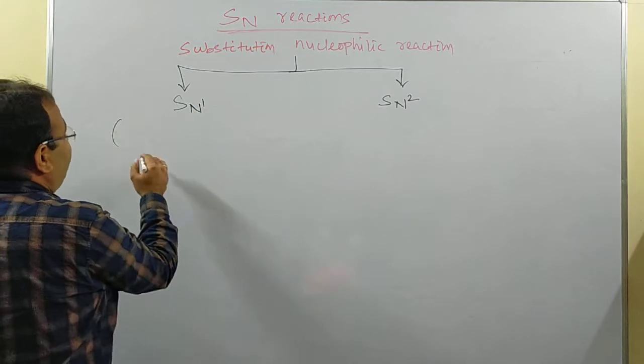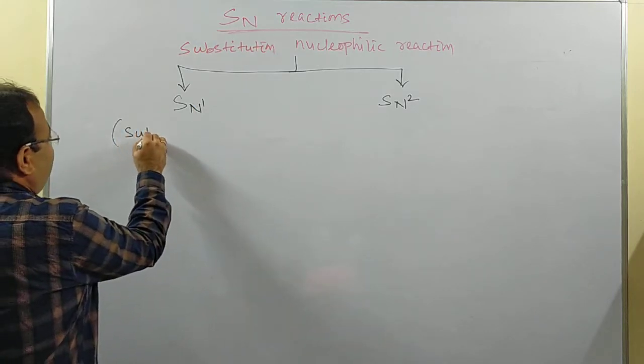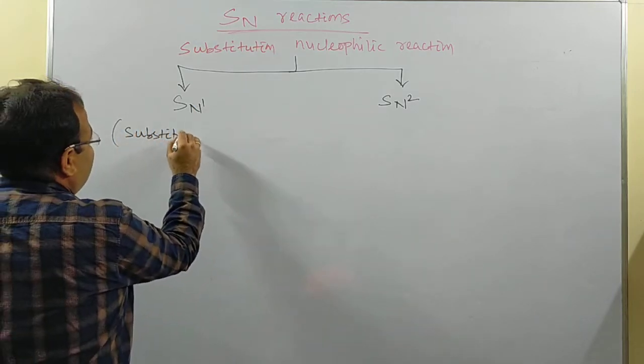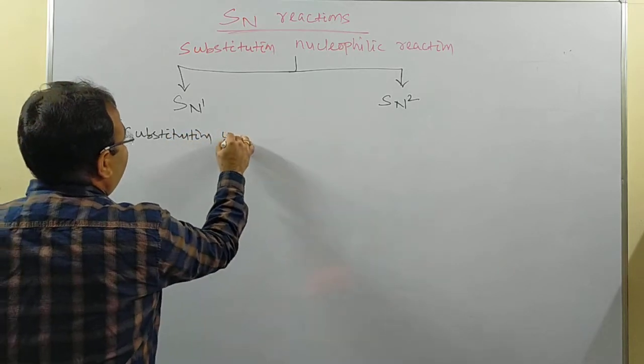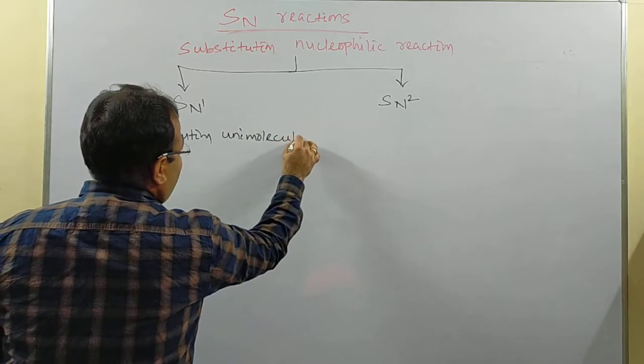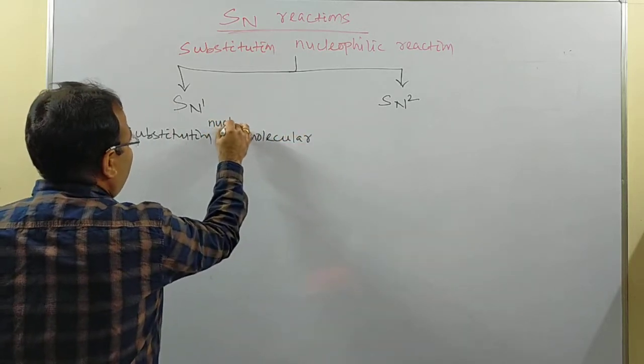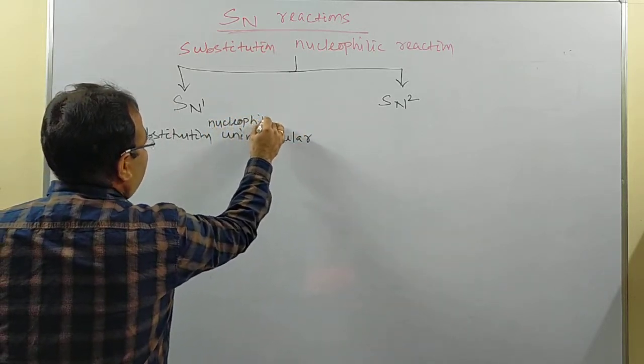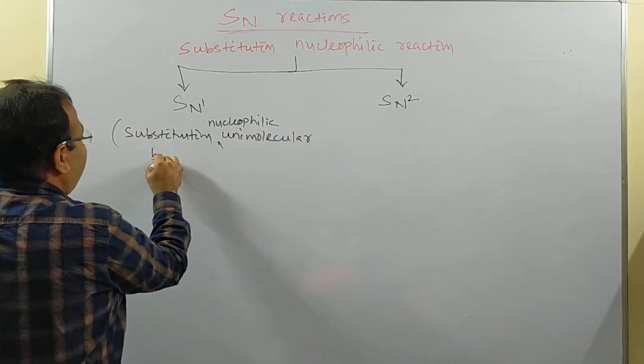What is the full form of SN1? It is substitution nucleophilic unimolecular, a two-step reaction.